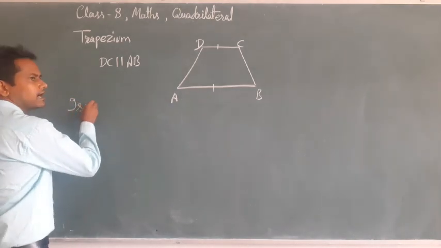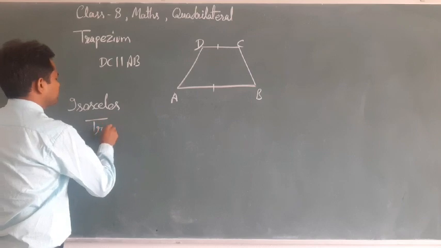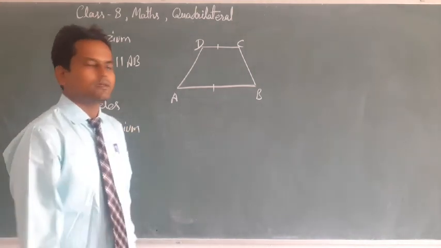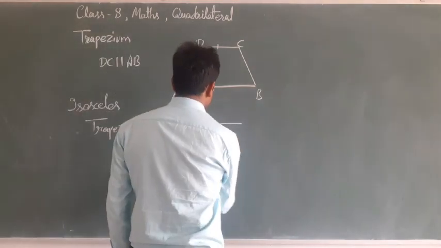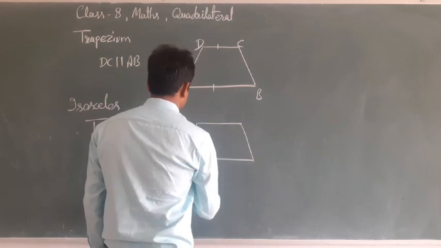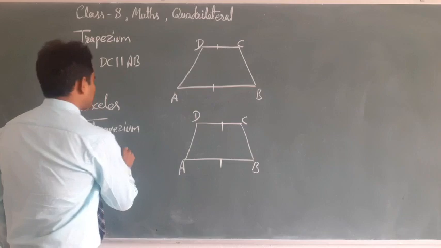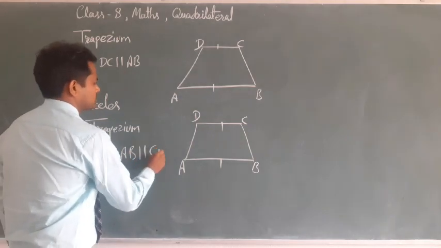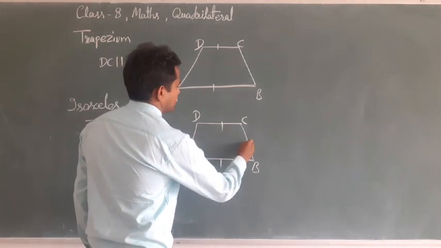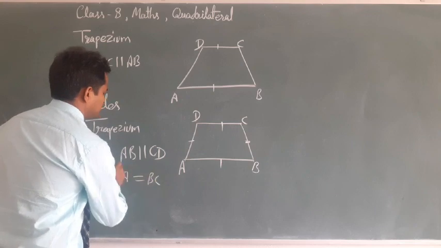Now, what is an isosceles trapezium? In an isosceles trapezium, AB is parallel to CD and AD is equal to BC.